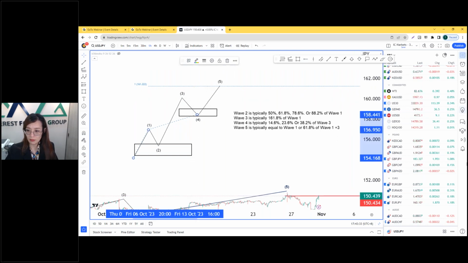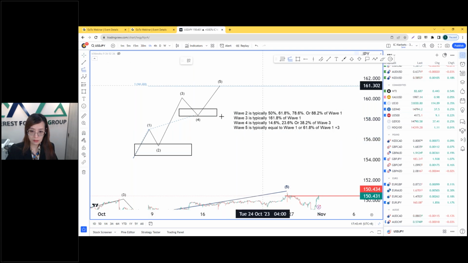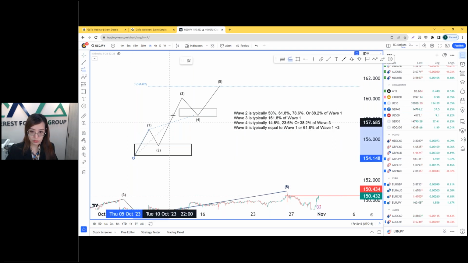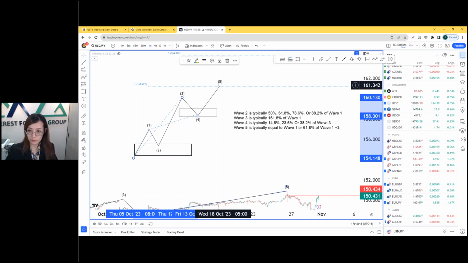Or you use wave 1 plus wave 3 at 61.8%. You can use it like this: wave 1, wave 3, and wave 5. You will get 61.8%, somewhere around here. This is how you get wave 5.